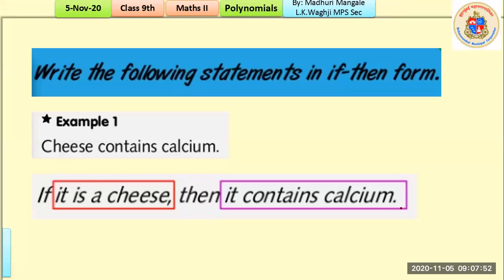And what if we try to find the converse of this? So it will be that if something contains calcium, then that is cheese.